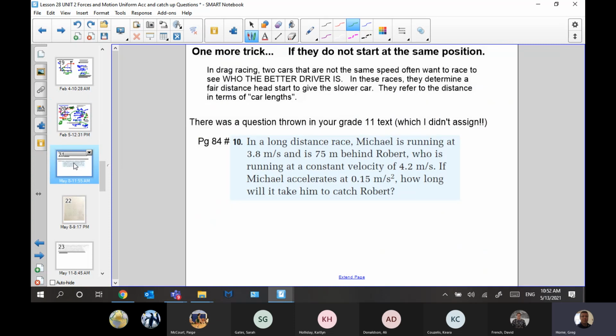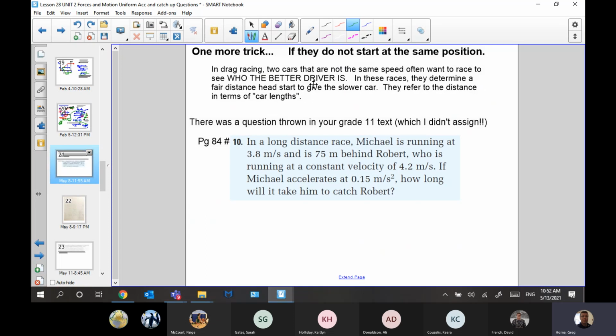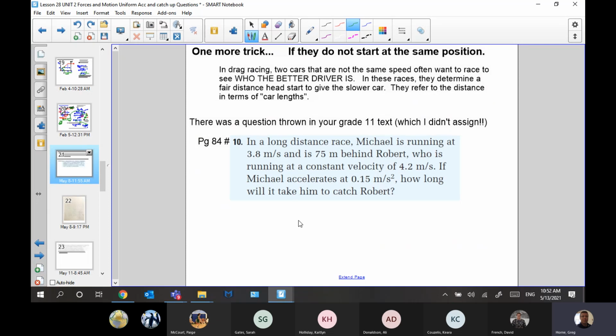Another trick is sometimes things don't start from the same position. And I put it in terms of a drag racing term. I watched a show one time where they're betting pink slips on cars, so basically whoever wins the drag race gets the other person's car. I don't know if anybody's ever watched it or not.